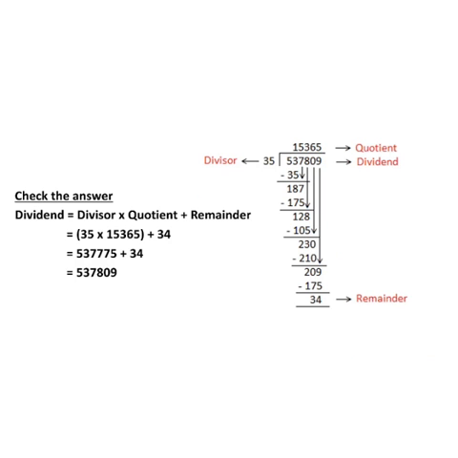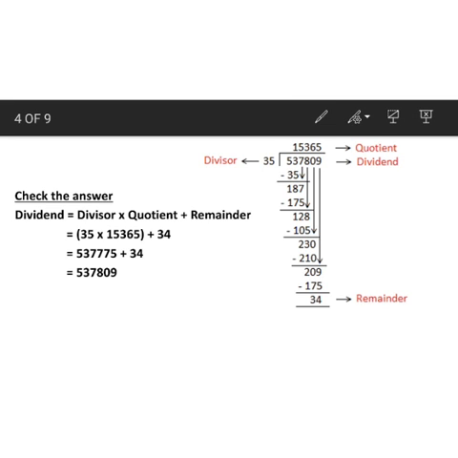Our next number is 5,37,809, which is to be divided by 35. So 5,37,809 is the dividend and 35 is the divisor.